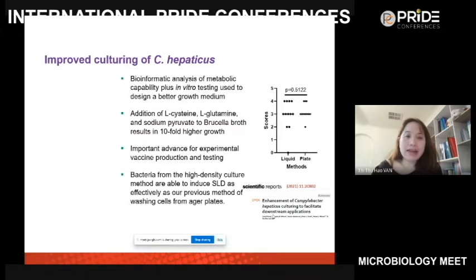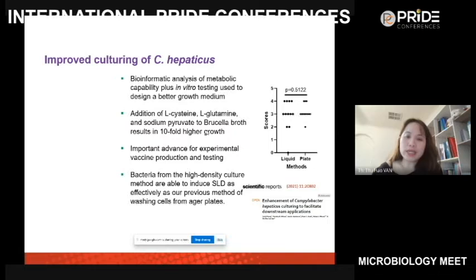But since the discovery of the liquid culturing method, it makes our life easier. We put different additives to boost growth, and make it 10-fold higher, which is very significant. So we can make from 3 10 to the 8 to 3 10 to the 9, which is enough to put in chicken.